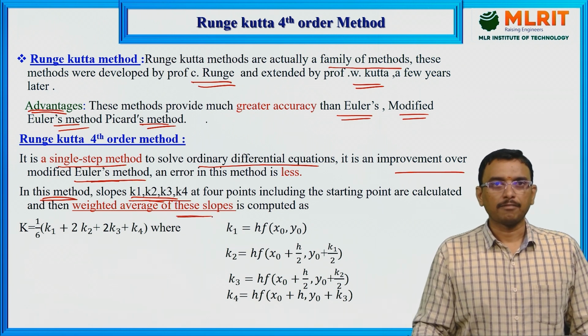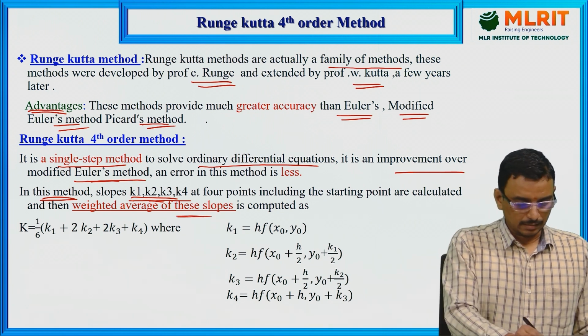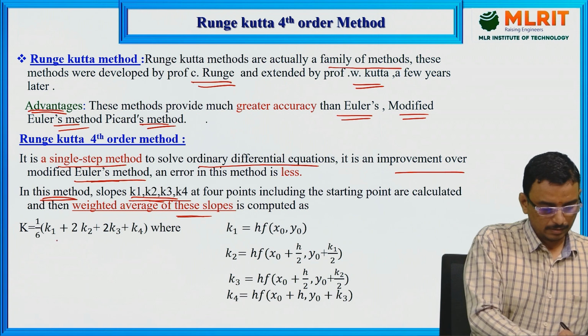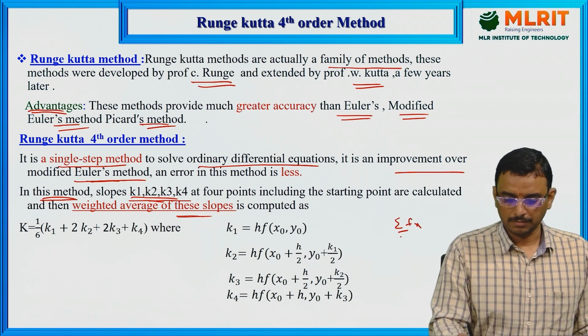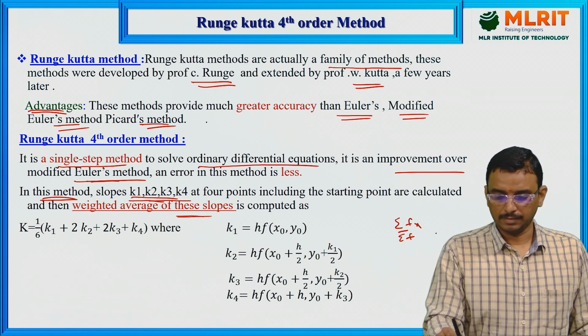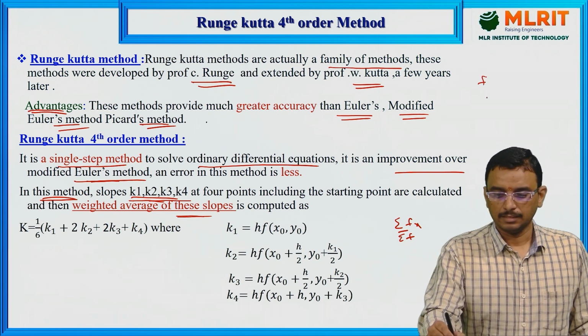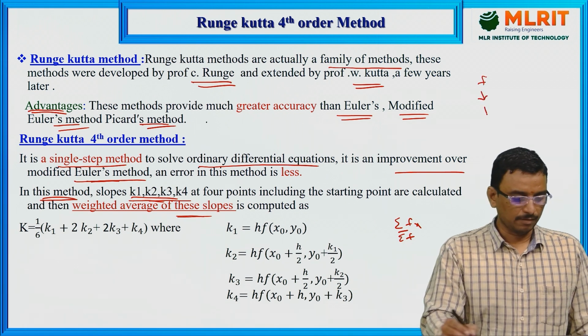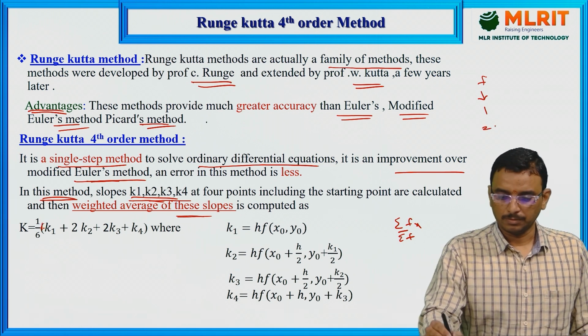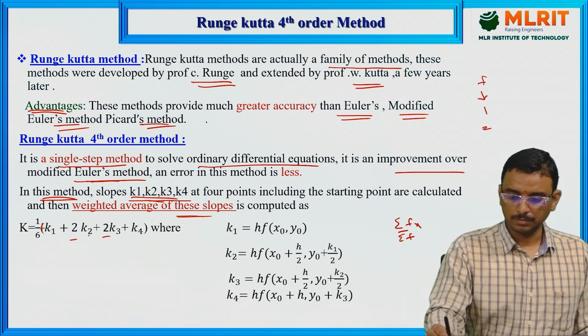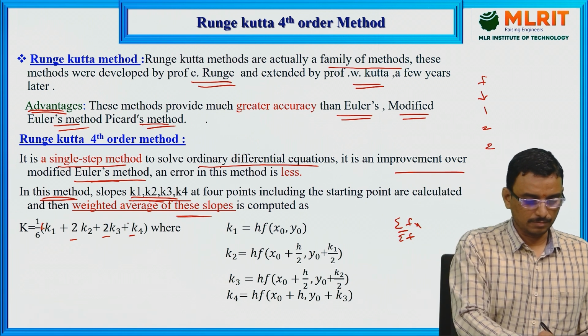Weighted average means we take the coefficients of the slopes, like summation of f x by summation of f, where f is the frequency. Here the coefficient of k1 is 1, the coefficient of k2 is 2, the coefficient of k3 is 2, and the coefficient of k4 is 1.